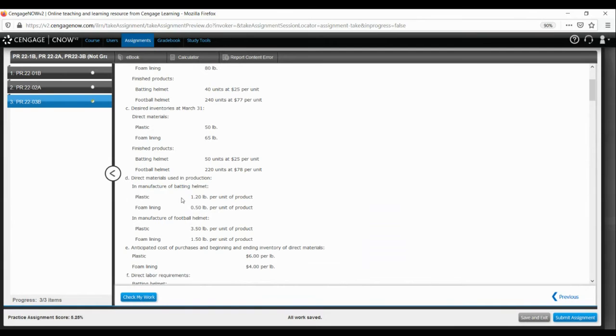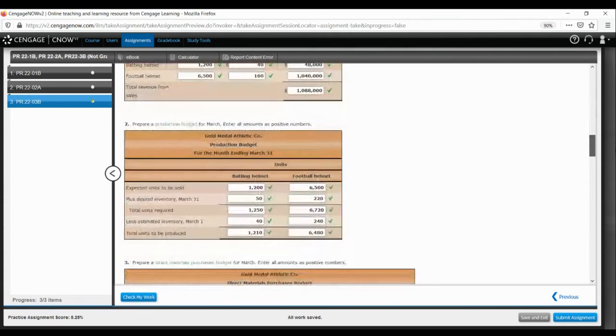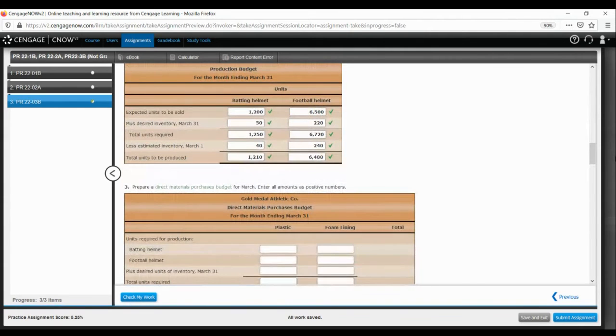The amount of plastic that you need is 1.2 pounds per unit of product. So write this down, please. 1.2 pounds is going to be multiplied by the number of units you are producing for your batting helmets, which is 1,210.